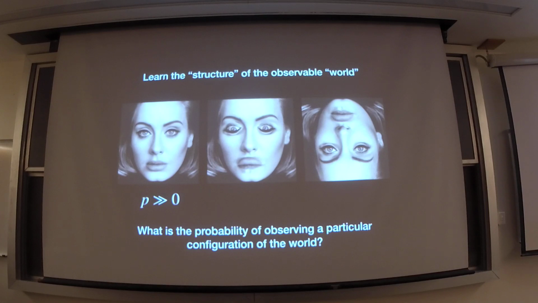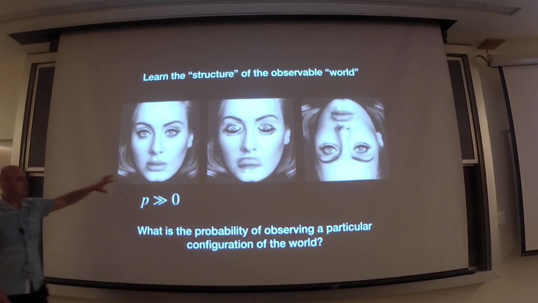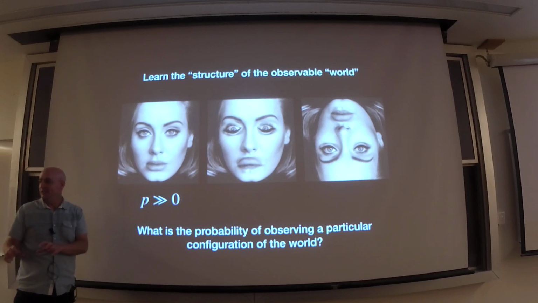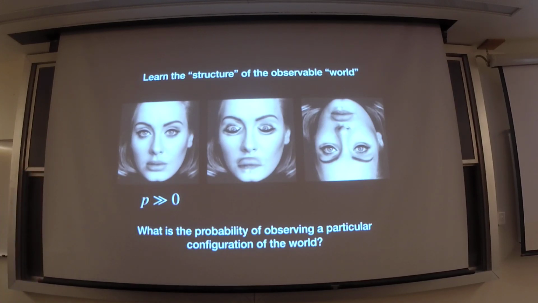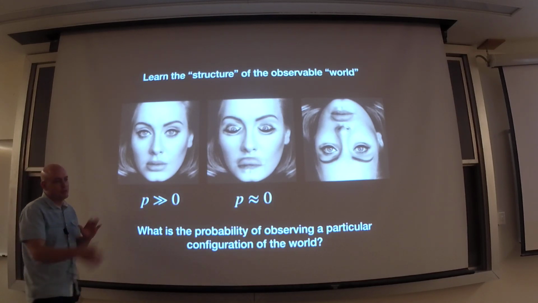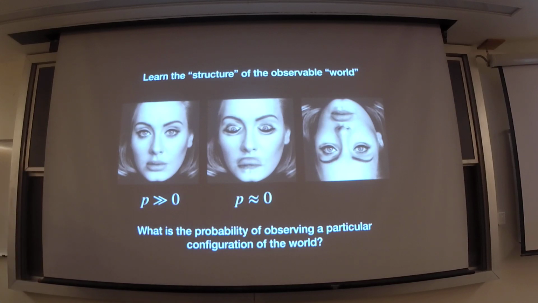So in this first one, we want to say that the likelihood of this arrangement of pixels is very high. It's not 0, it's much larger than 0, because this is a picture of a real face. For the second one, its probability should be basically 0. Maybe it's not exactly 0 because it's almost like a real face, but we want it to be really low because this is not a real face.